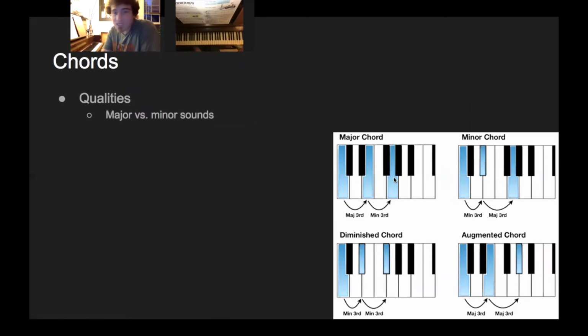Chords, it could be as simple as identifying major sounds versus minor sounds. Ear training, asking them with that. Or it could be as simple as changing one of your favorite recital songs, your first recital song.